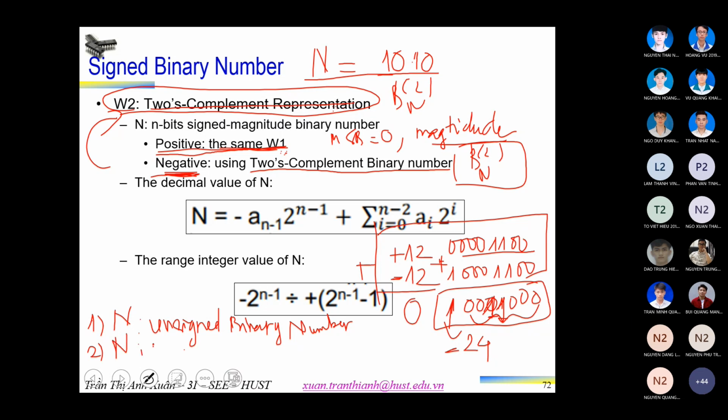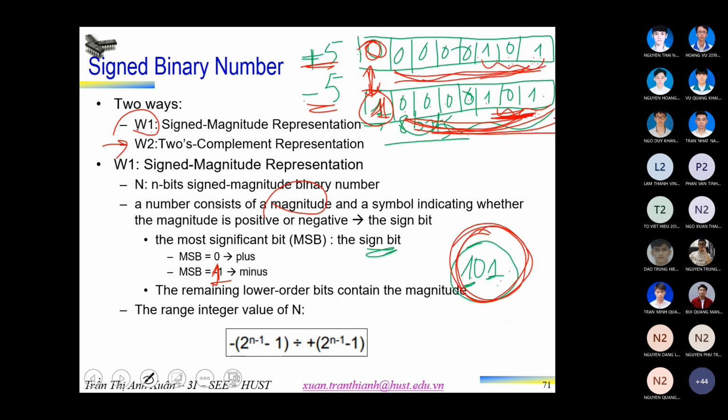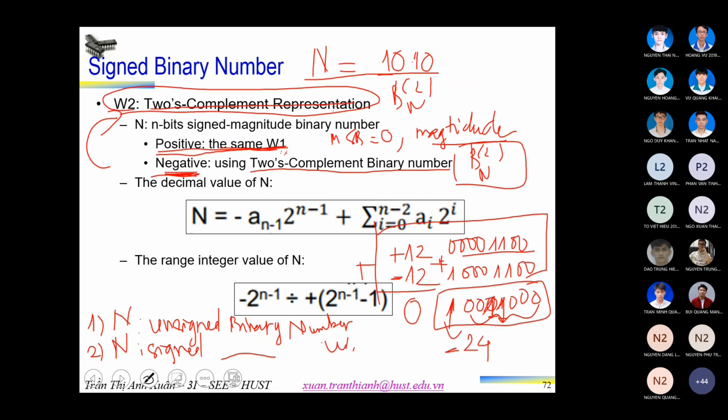And finally, this number is a signed binary number, but we use the second way to represent it. The question here is what is the decimal value of this binary number? Do you understand my question?